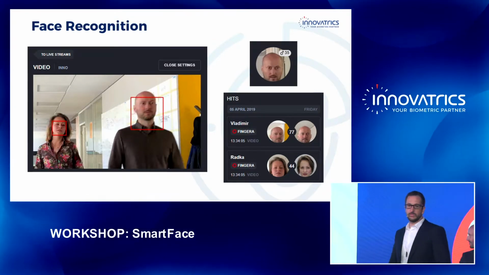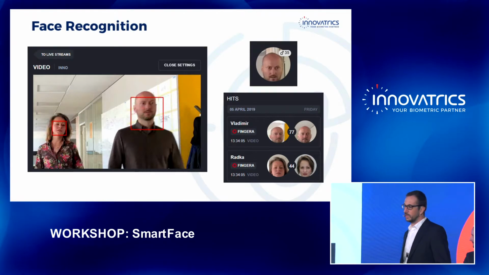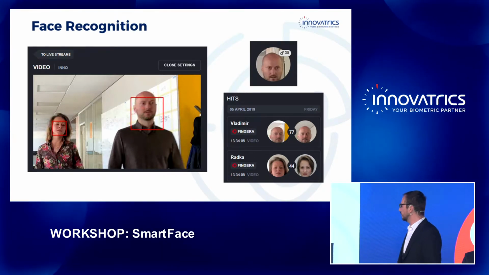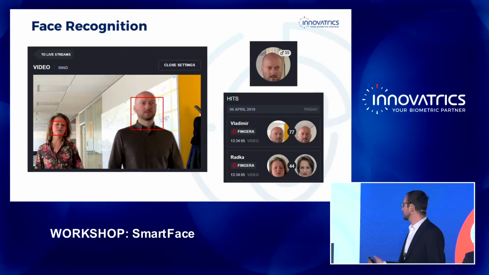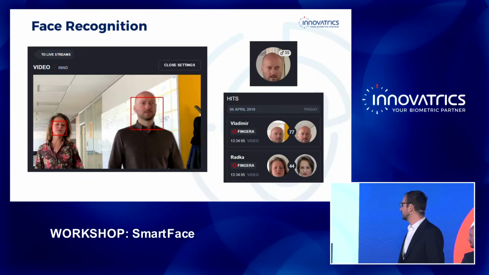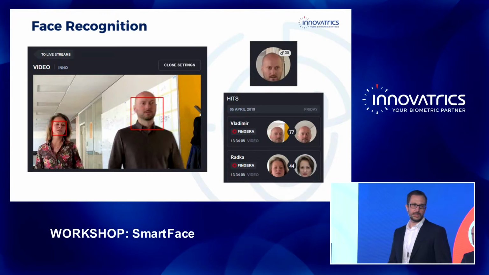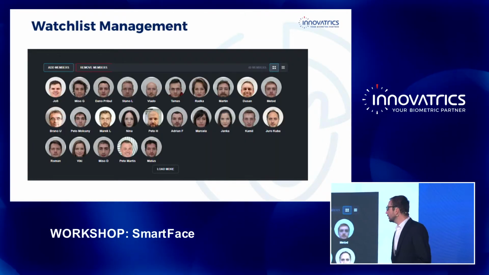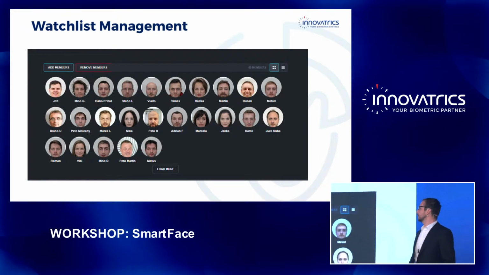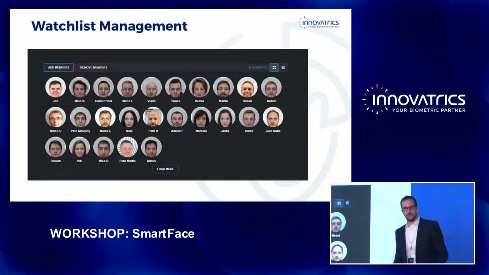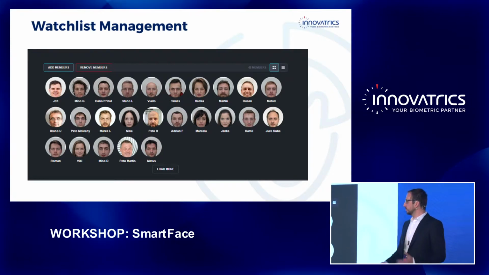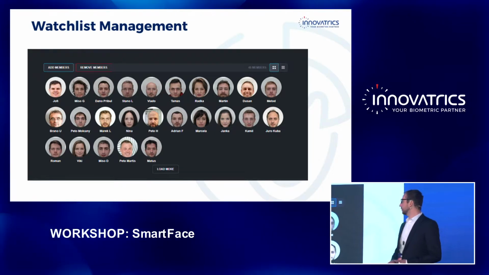And this is really useful for some kind of statistics, because when you get more people, we will be talking about this later. So for now, just take note that this is something that you are getting directly from the SmartFace. The watchlist management. Of course, you want to be able to set up the watchlist. As mentioned, you can do it via the powerful API.